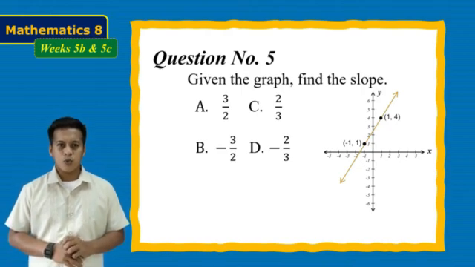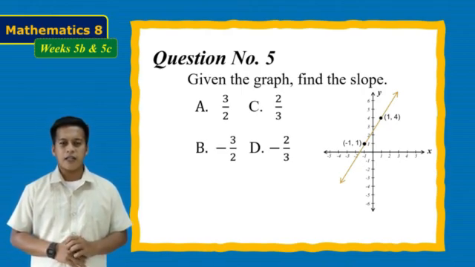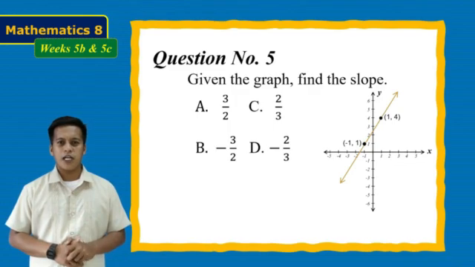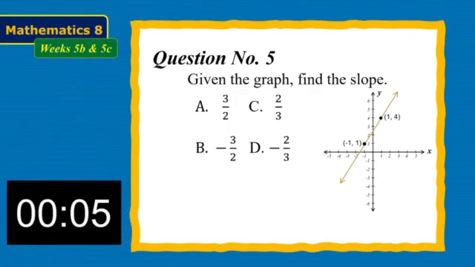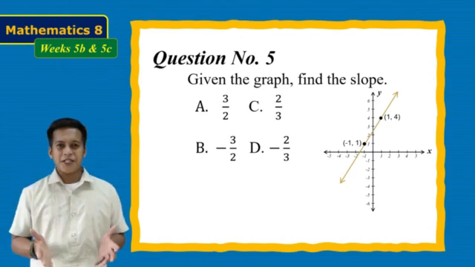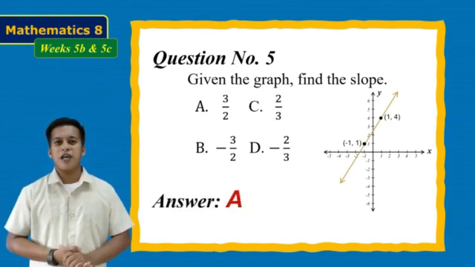Letter C, 2 over 3. And letter D, negative 2 over 3. Your time starts now. The answer in number 5 is letter A, because the rise is 3.